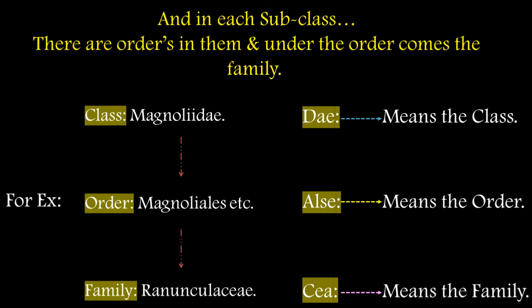The ending -idae is the class, -ales means the order, and -aceae means the family. This is how the botanical nomenclature is.